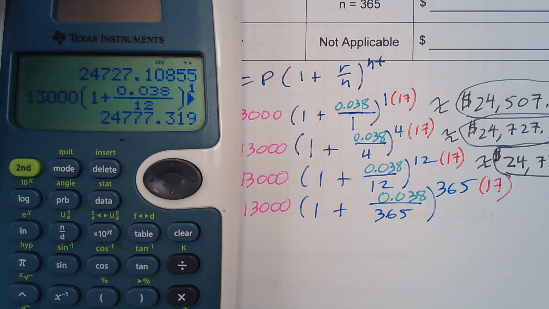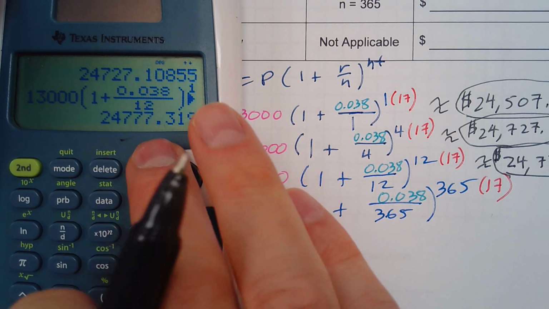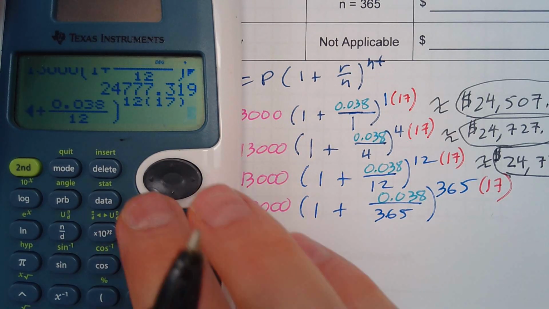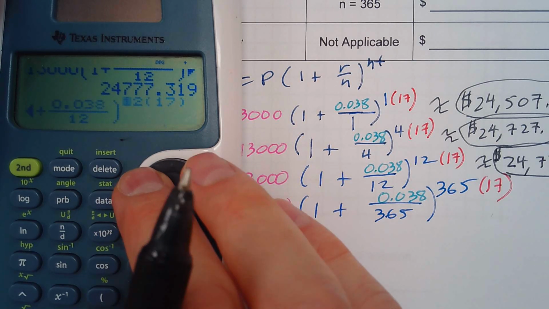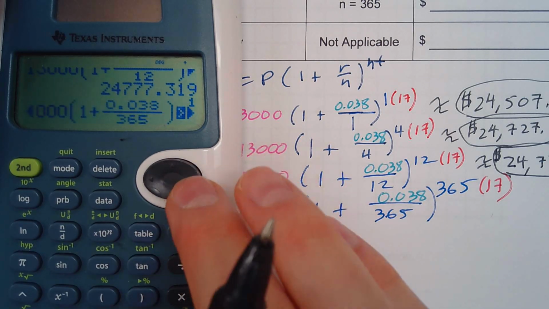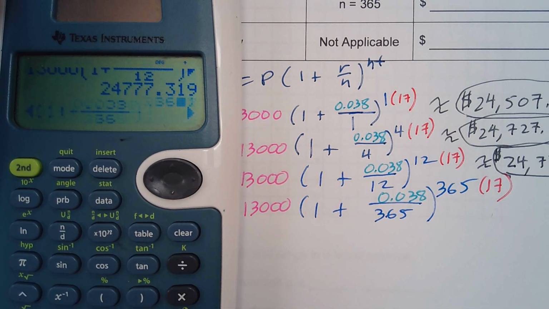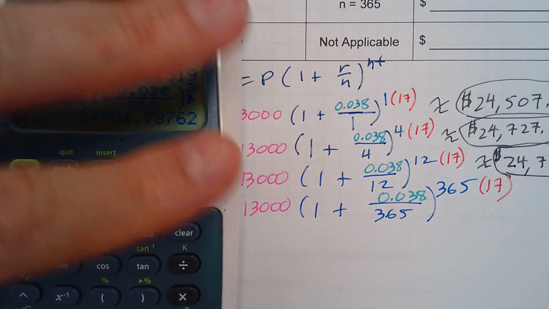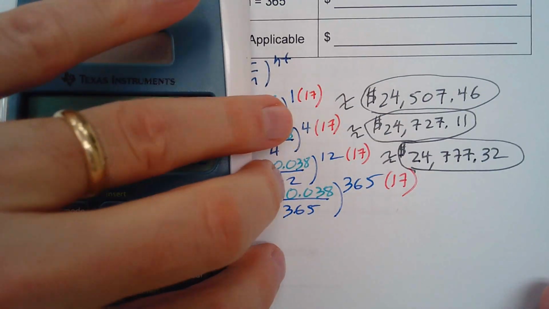Now I'm doing the same calculation again for here, but now n is 365. So I'm going to change that 12 to 365, and then I'm just going to retype the exponent, 365 times 17. Hit enter. And slide back over here.